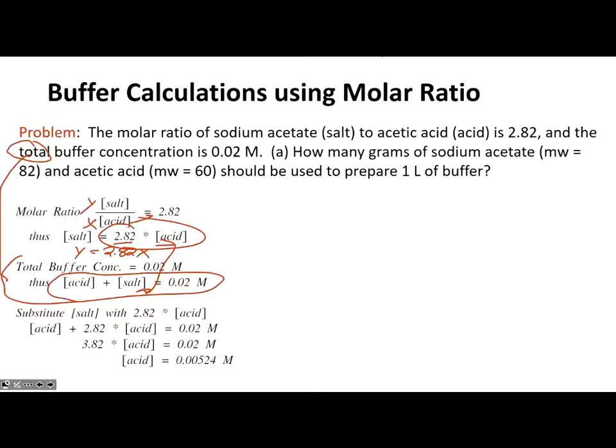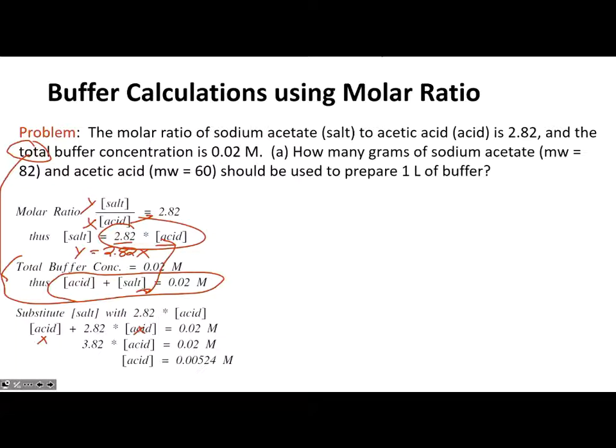So now this becomes something like x plus 2.82x. What do you get when you have x plus 2x? 3x, right? So it's the same thing here. Acid plus 2.82 acid is how many acids? 3.82 acids. We just added it together, right? So now I've got 3.82 acid equals 0.02.